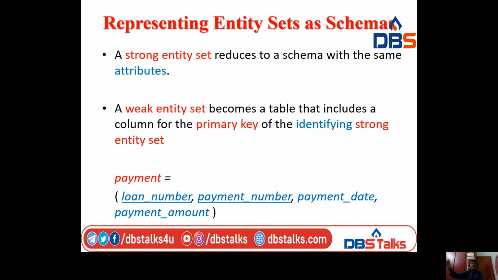From that strong entity set, we take the primary key, then add the discriminator. By combining all these things, we prepare the schema for the weak entity set.